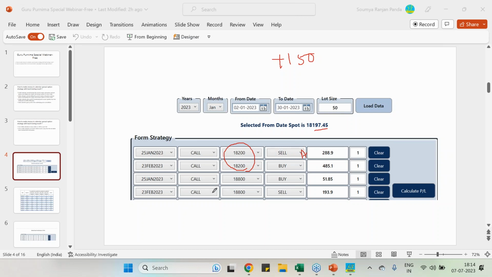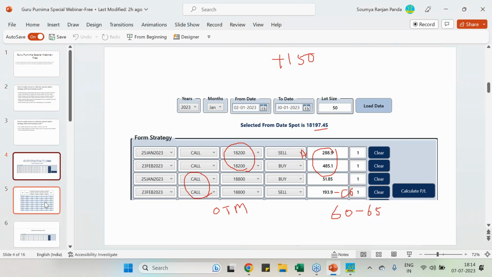Then we are forming a credit calendar in some OTM option. Some OTM, it may be anything, 500 point, 600 point, 700 point, anything. However, this debit minus this credit should be 60 to 65 points. That is the rule.